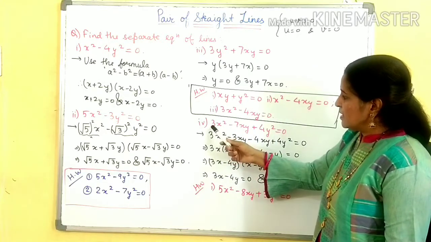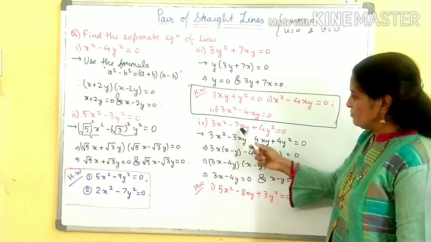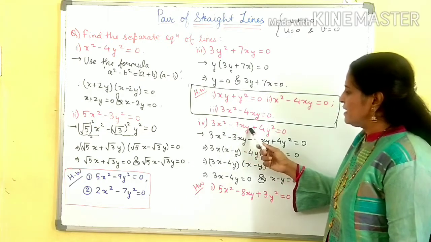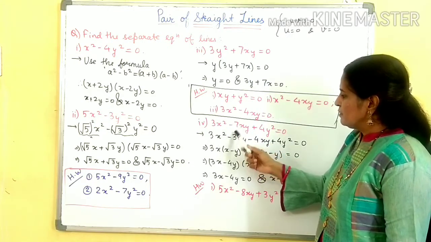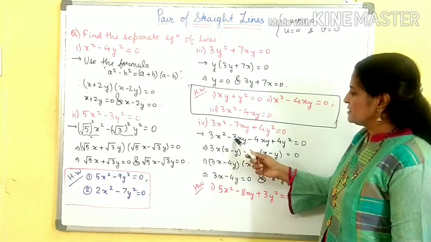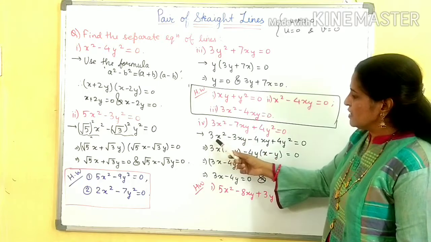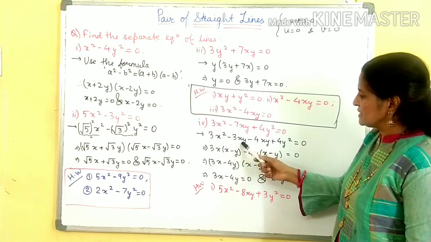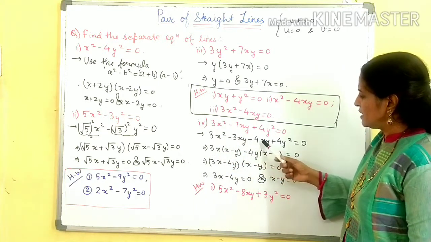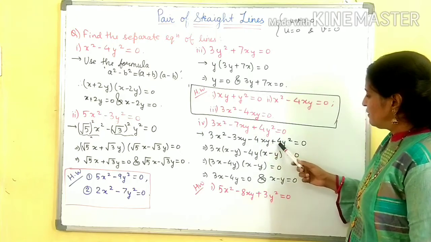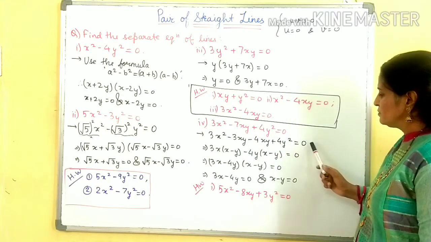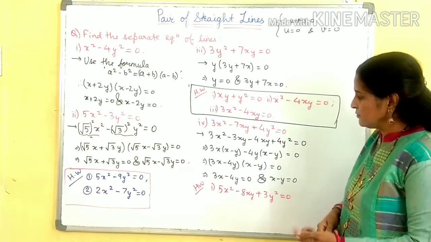Here again split the middle term minus 7xy: minus 7 is nothing but minus 3 minus 4. So write down 3x square minus 3xy minus 4xy plus 4y square is equal to 0, with 4y square as it is.